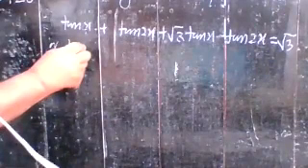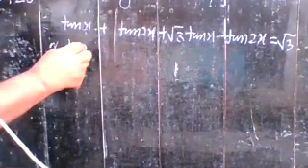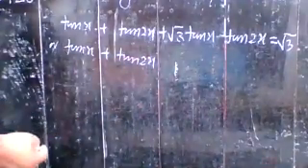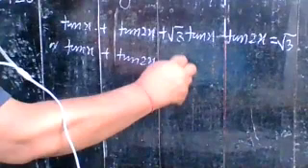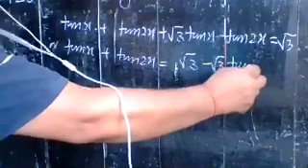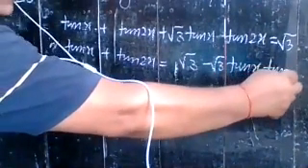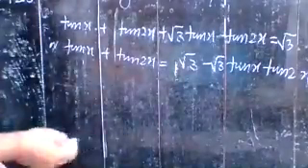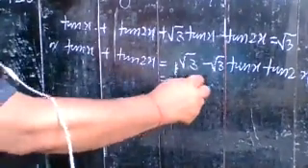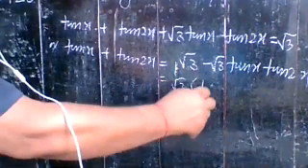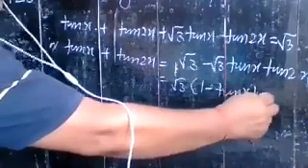So tan x plus tan 2x is equal to root 3 minus root 3 tan x into tan 2x. Now taking root 3 common, you have 1 minus tan x tan 2x.